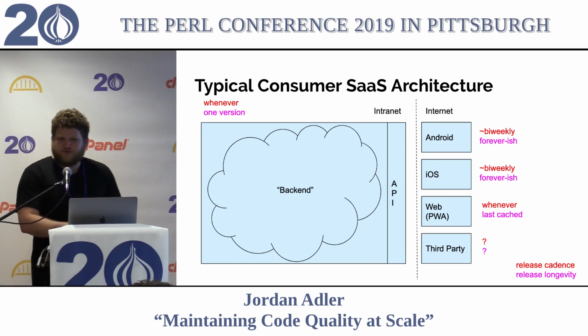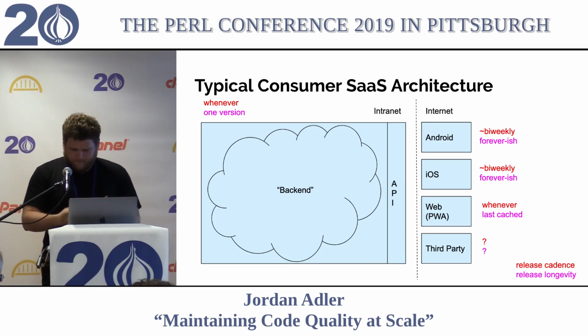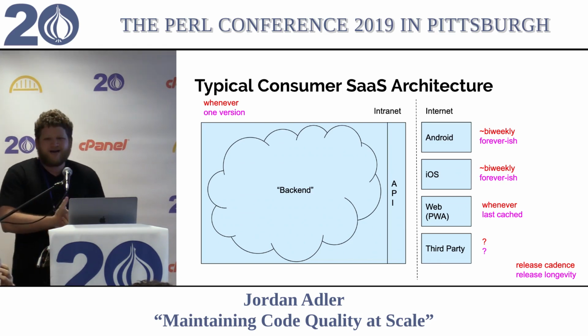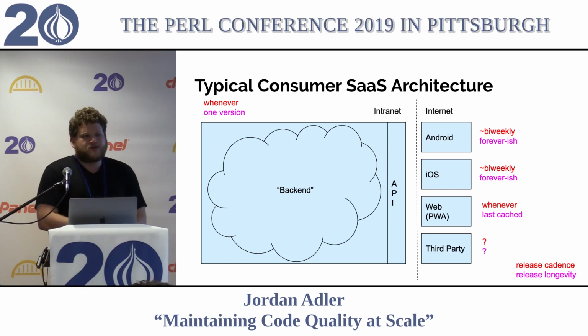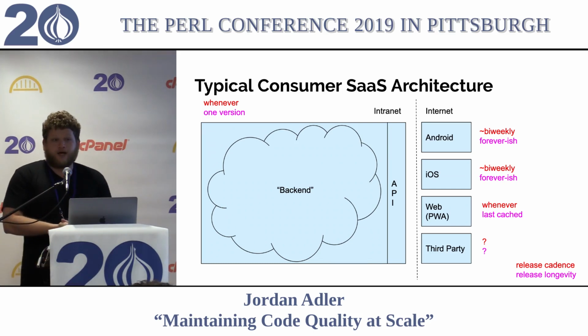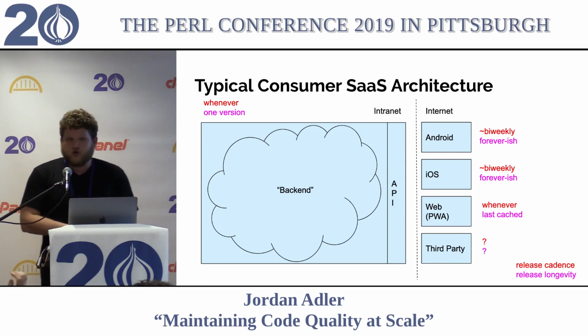On the back end, you release as much as you want, it doesn't matter. You're always running one version at a time. But on the Android and iOS side, you release every so often, but you have these old versions running in perpetuity. So for example, you might have old Android apps running on old versions of Android in parts of the world where the phones may not be capable of running a newer operating system.